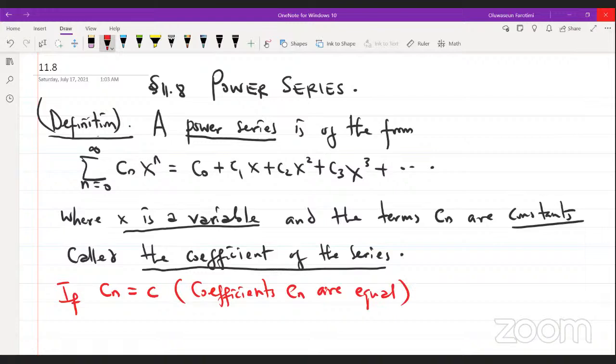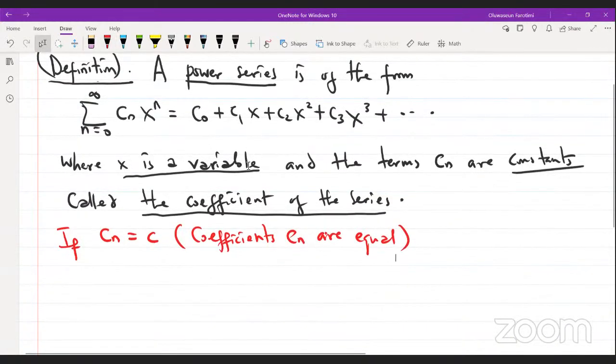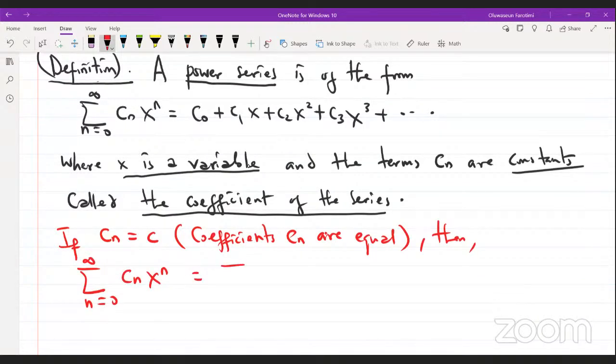When this happens, what difference does it make? I only need to change Cn to C. So I can write this sum going from 0 to infinity of C times x to the power of n. Remember, Cn is C, so just plug things in.